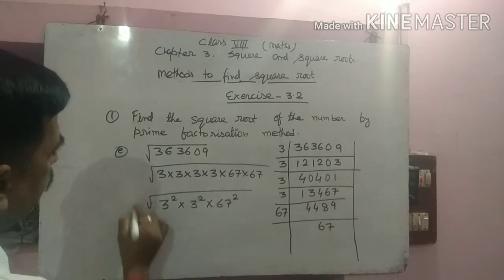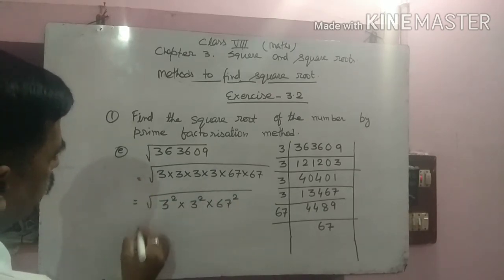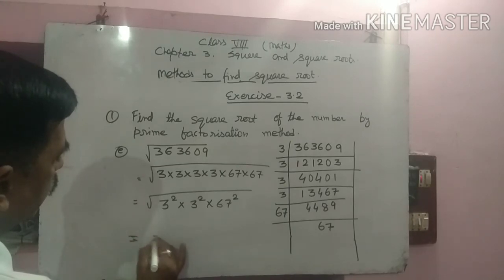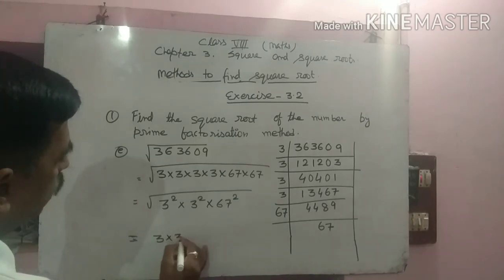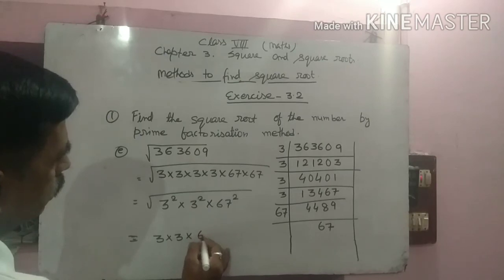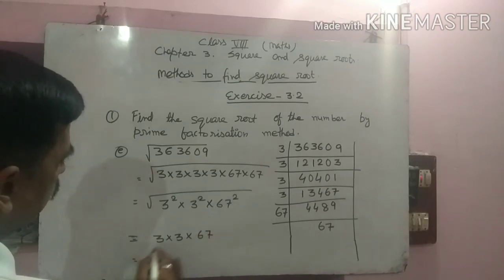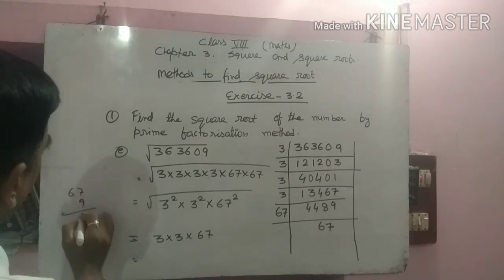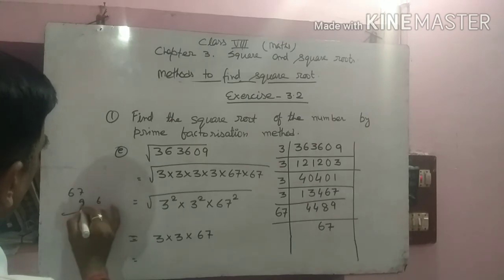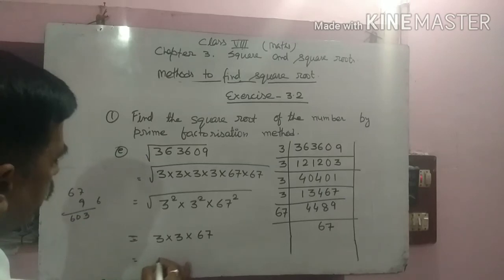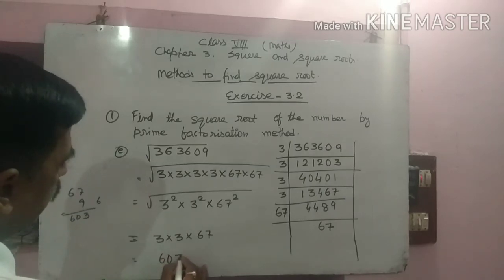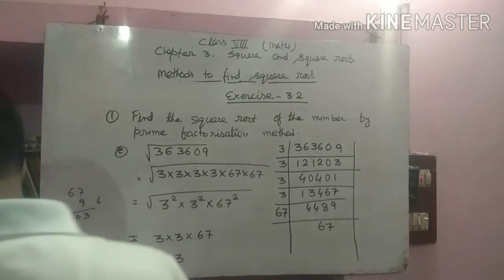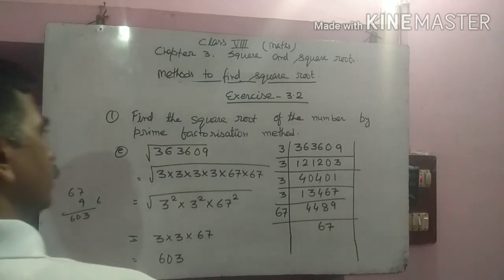After removing the root, we just get 3 into 3 into 67. Then 3 3s are 9, 67 into 9 is 603.